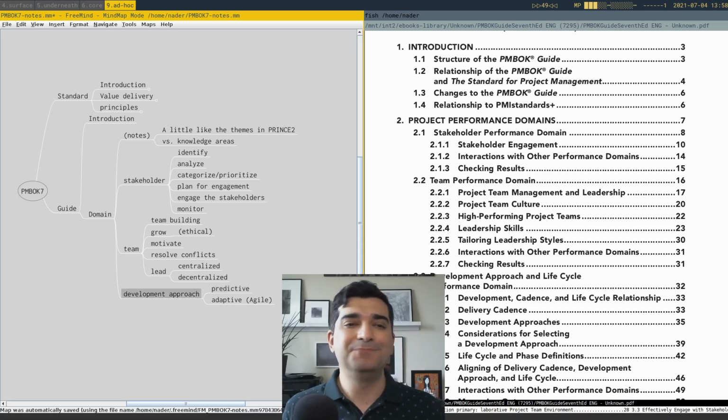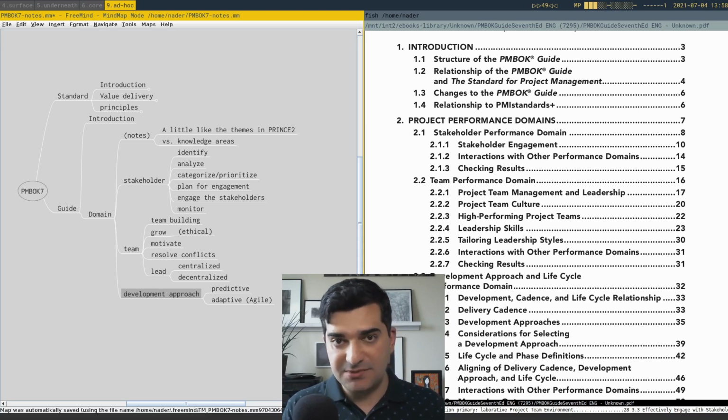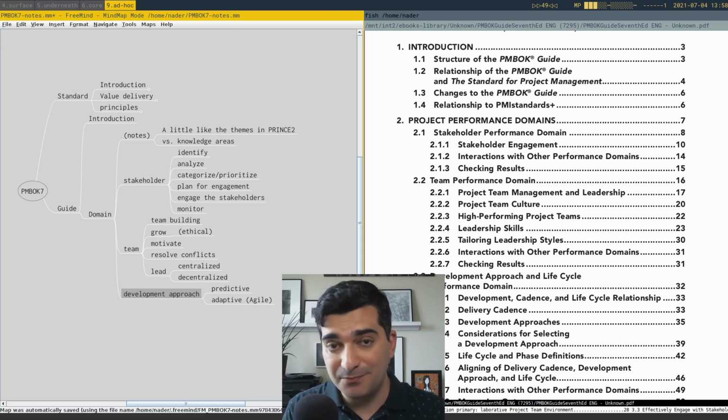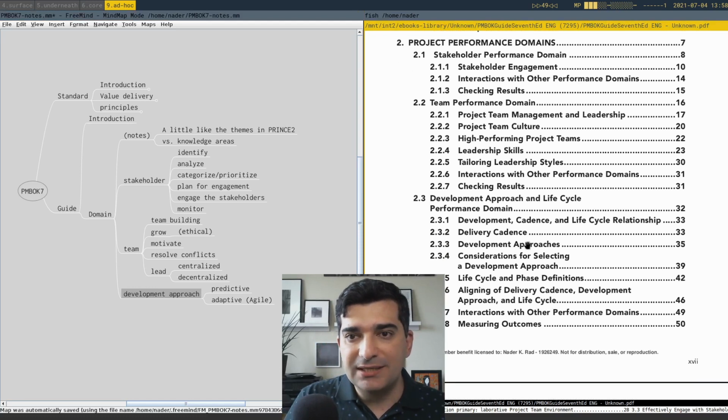So anyway, the point in here is that we always have a development approach, and you have to be careful about it. Consider different types of approach, know how they work, and then decide which one is better for your type of project. And obviously, then you need to tailor your project management system. All right, that was it.